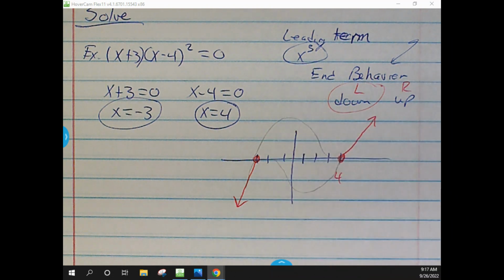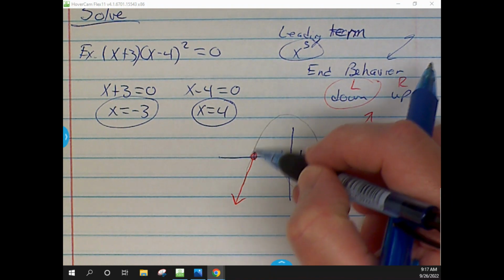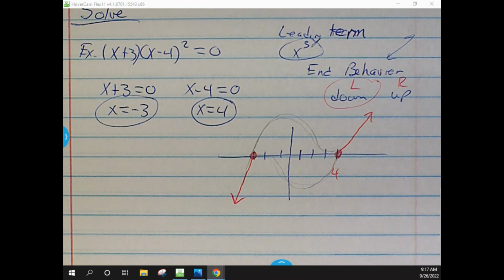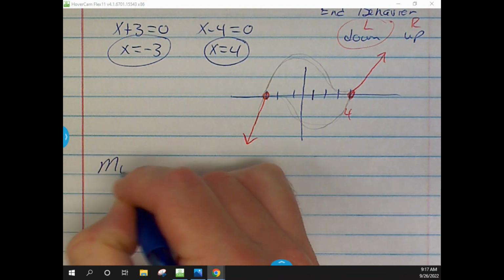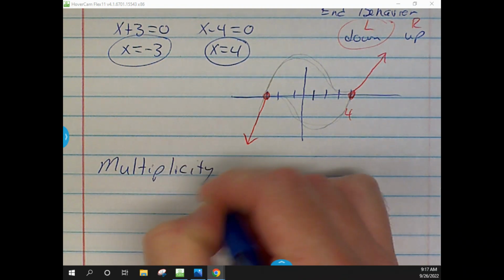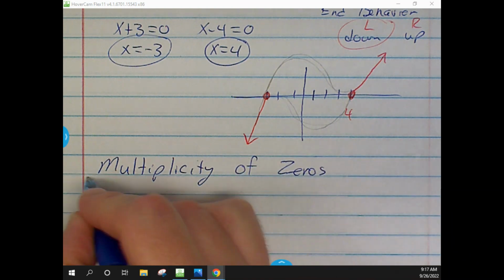But there's actually a shortcut to know whether the graph is going to go this way or do something like this, and we're going to show you how to bring that in so you know what's going to happen in the middle. We're going to talk about the multiplicity of the zeros.